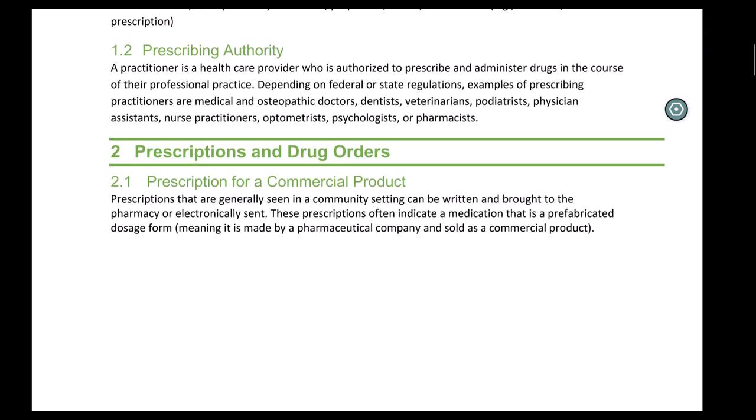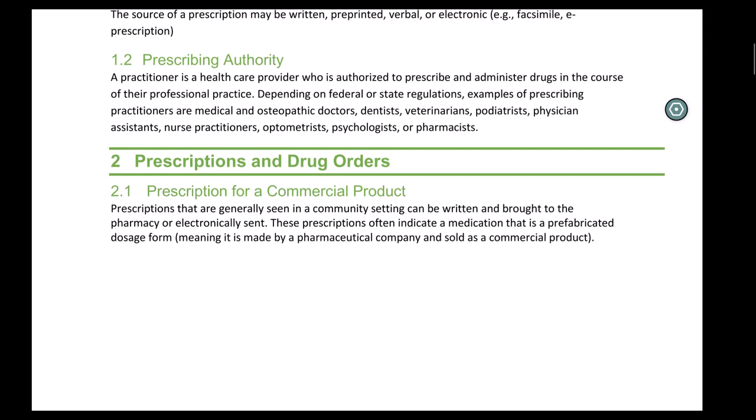But what I want to let you review is that when you do get a prescription, either it's a prescription or a drug order, I'm going to call those a prescription. They will look differently. We'll go over those.